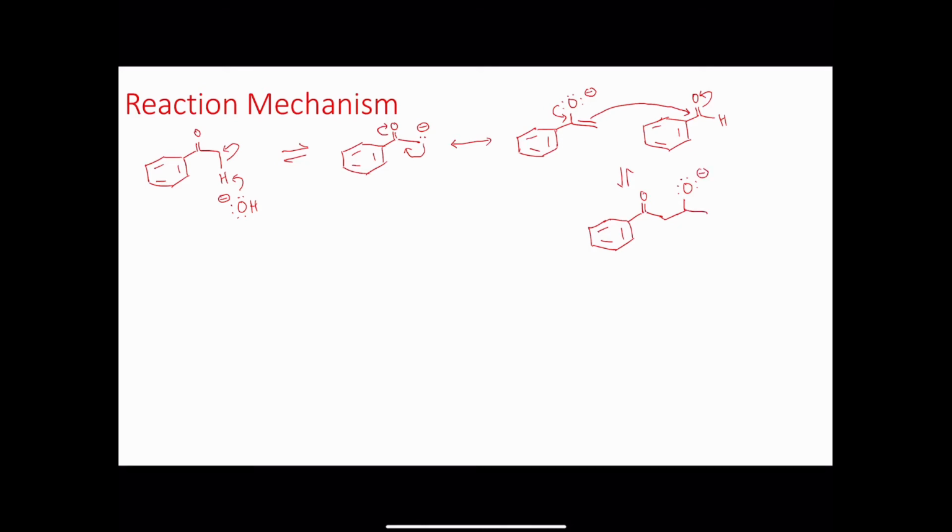Alright, so we have a negative charge on the oxygen, so we need to protonate this oxygen so that we can have a neutral molecule. So we're gonna use water to protonate this oxygen. We end up with a new intermediate, which is a neutral molecule.